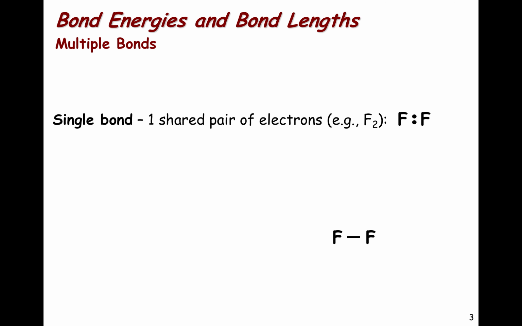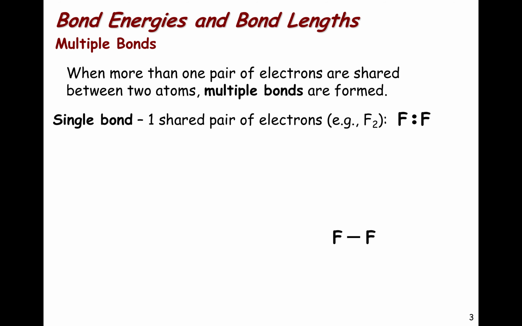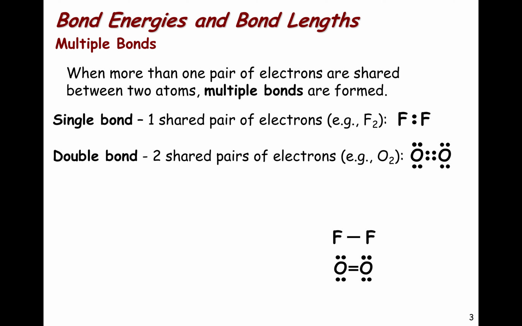This is referred to as a single bond, and it turns out that while this is a relatively long bond in comparison to the other diatomic elements such as elemental oxygen, in which there are 2 pairs of electrons that are shared, so this is a double bond. Even though oxygen is a little bit bigger than fluorine, the distance between the two atoms in O2 is actually slightly smaller than that of fluorine.